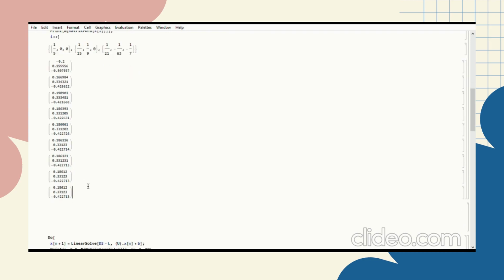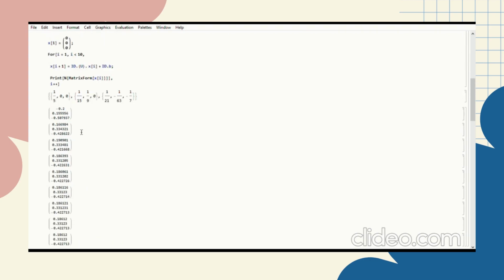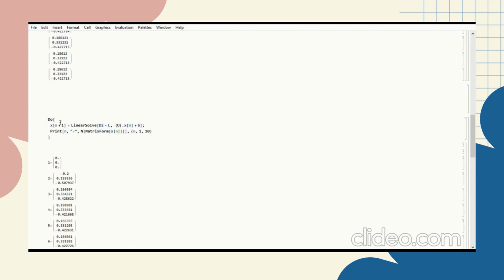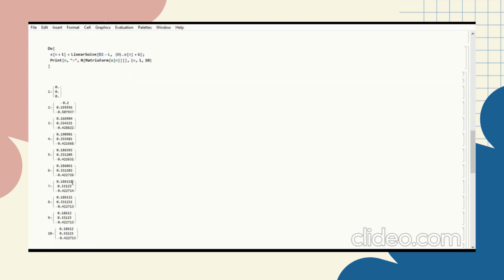I just want to show in this video that we can use every type of loop. This one I use a for loop, but down here, I use a do loop. I just want to show we will get the same answer, which is at iteration 8.